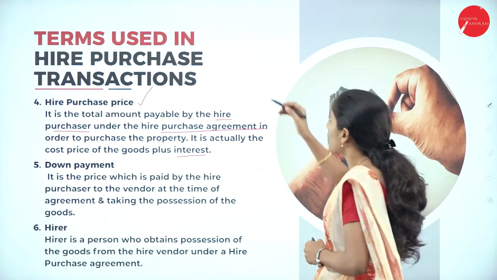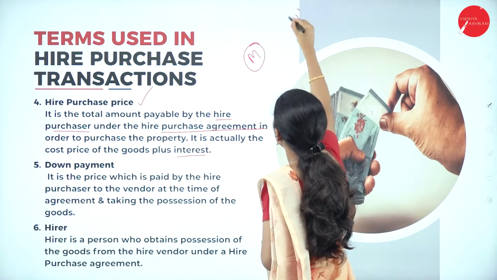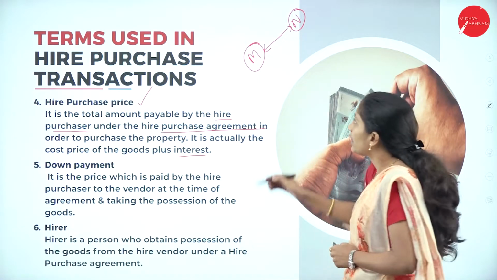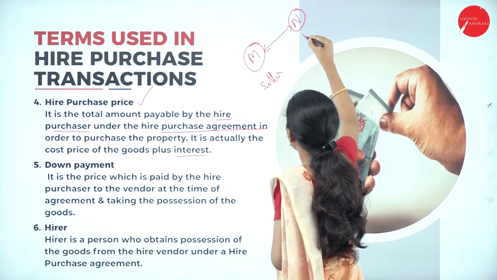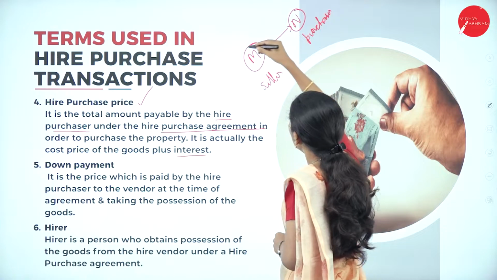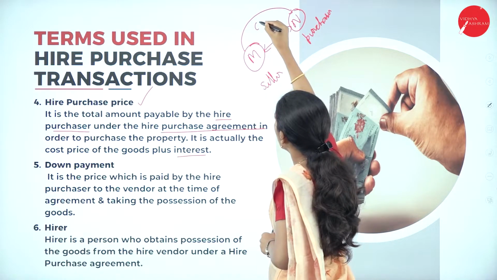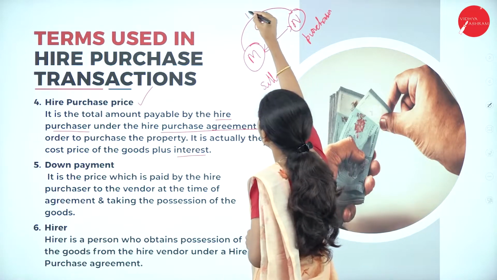Now for example, there are two parties, M and N, and they have an agreement known as a hire purchase agreement. M is a hire seller and N is a hire purchaser. Now M has transferred an asset, for example a car, to N worth rupees 10 lakh.